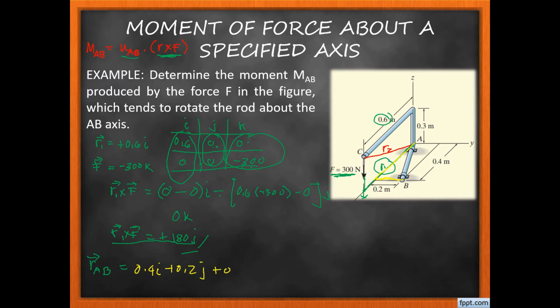So ito yung ating RAB in Cartesian vector form. So yung RAB natin in scalar form, kailangan din natin makuha para doon sa ating unit vector para sa position vector na yan. So mayroon tayong 0.4 square plus 0.2 square.